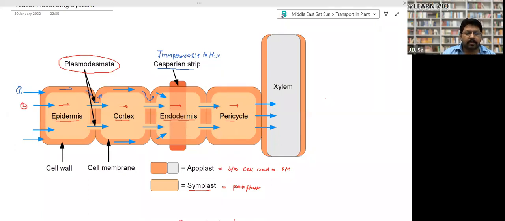But again, in the endodermis, the apoplastic pathway is not possible because of the Casparian strip, right? And this is good. In the symplastic pathway, things like virus, bacteria, those small organisms, mainly virus, get filtered over here, right? So that's why apoplastic pathway is not that much preferred. Symplastic pathway is very important. Hope it is clear to all of you. Clear?